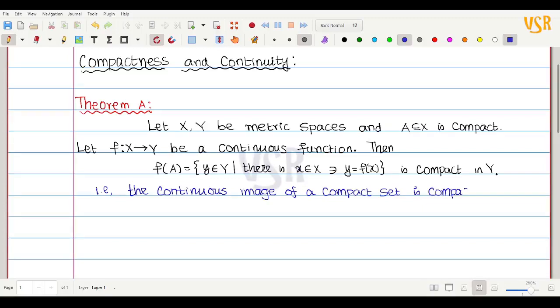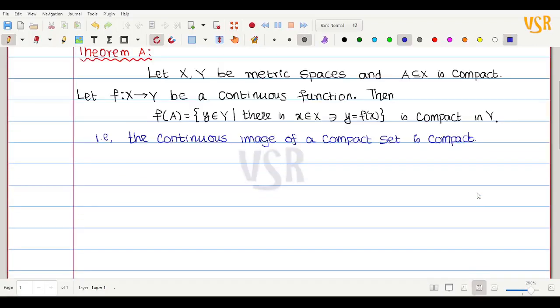That is the statement: a continuous image of a compact set is compact. This is what I am going to prove. As explained in black, X and Y are metric spaces, A is a compact subset of X, f is a continuous function, then f of A is compact in Y.